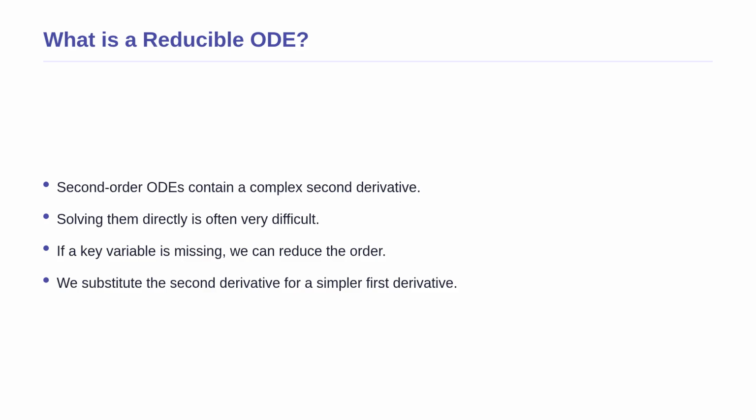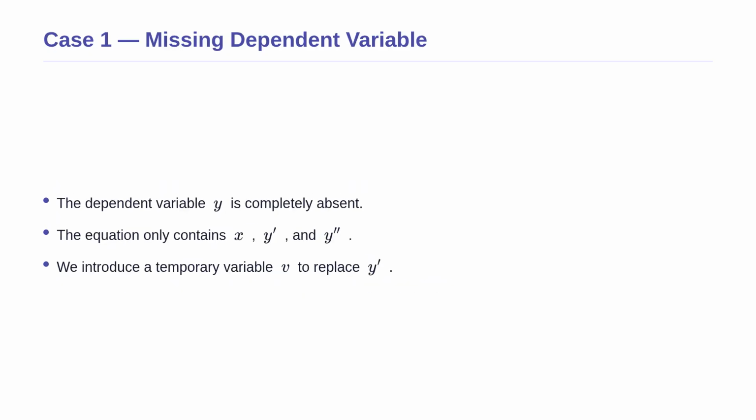By substituting this new variable into the original equation, the second derivative drops down to a first derivative. This clever trick reduces the heavy second-order problem into a much easier first-order problem that we already know how to solve. This brings us to our first specific scenario.